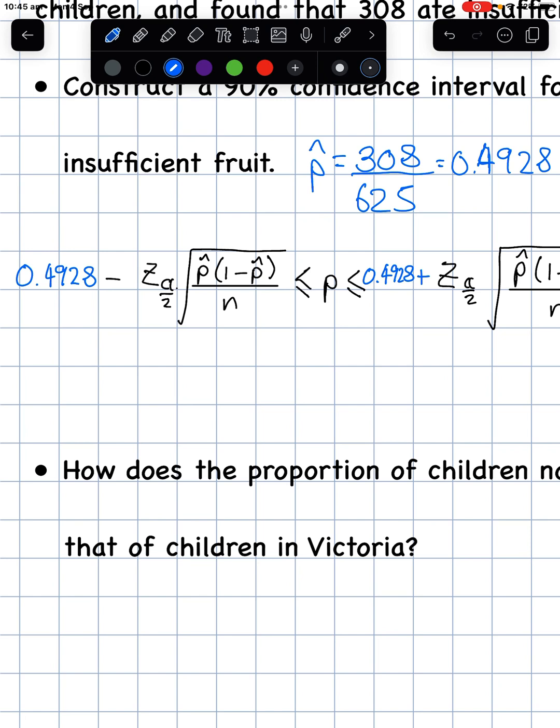Let's go into our calculator. We go stats mode, distribution, normal, inverse, making sure sigma for standard deviation is 1, mean is 0, area is going to be 0.9, and tail is central.